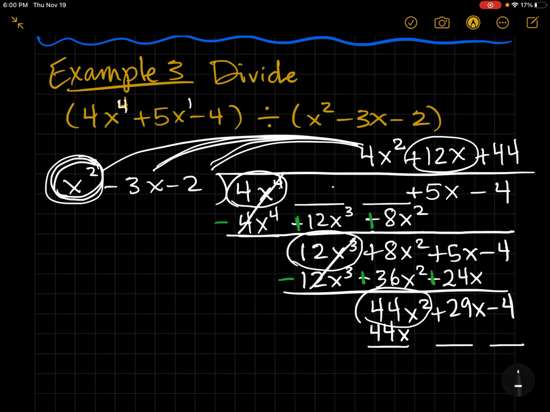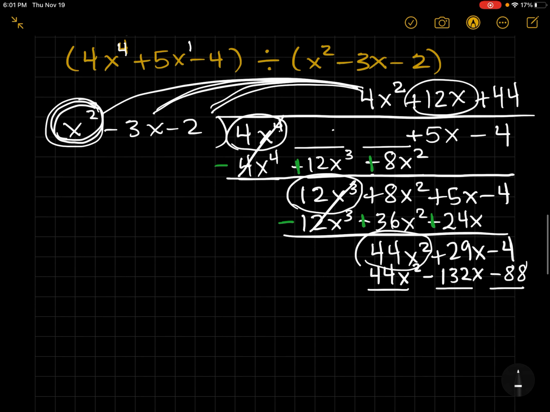So I get 44x squared minus, what is that? 44 times, is that 132? So that's going to be 132x. And I think that's negative 88.